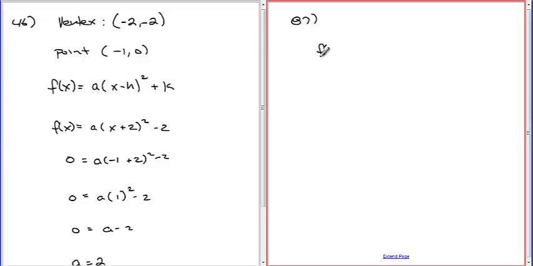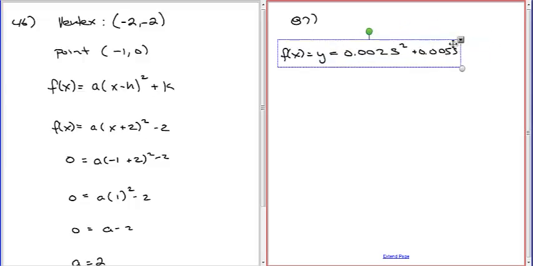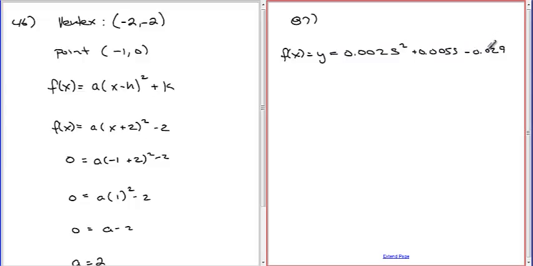So we could say f of x, which is y, is 0.002 s squared plus 0.005 s minus 0.029, and s is between 0 and 100 miles per hour.